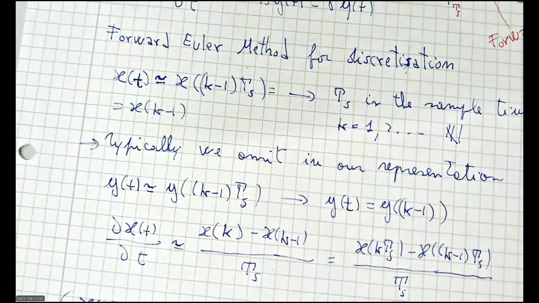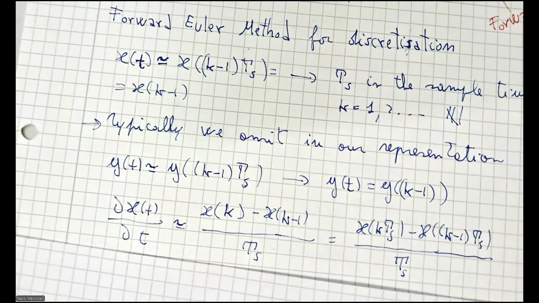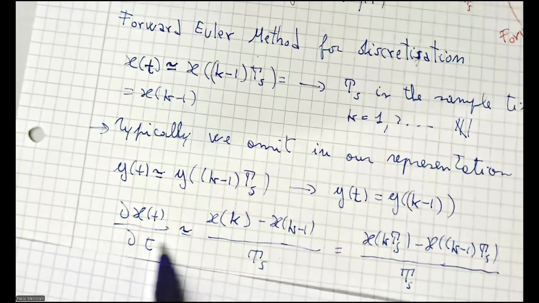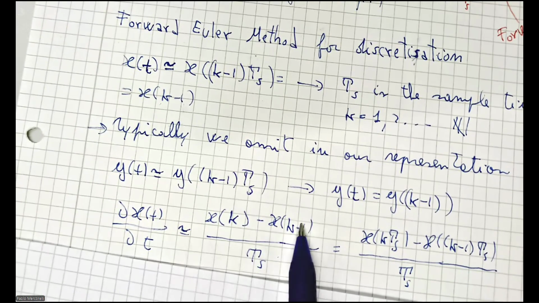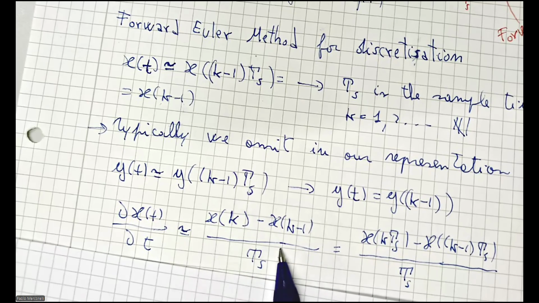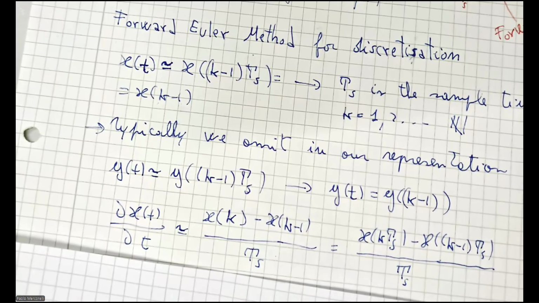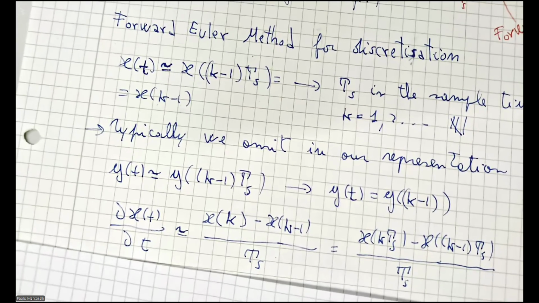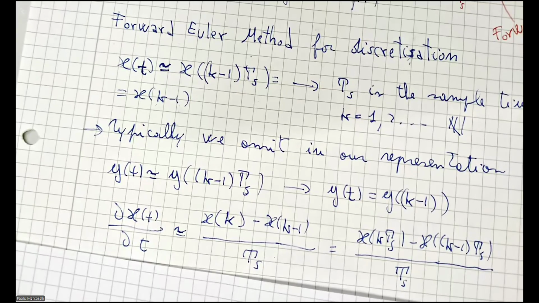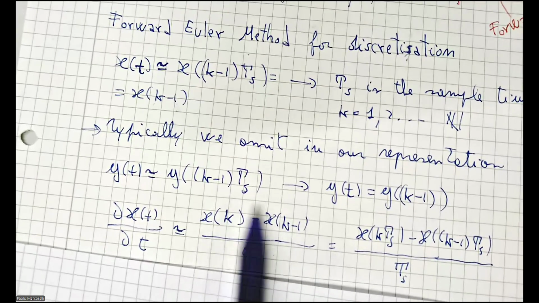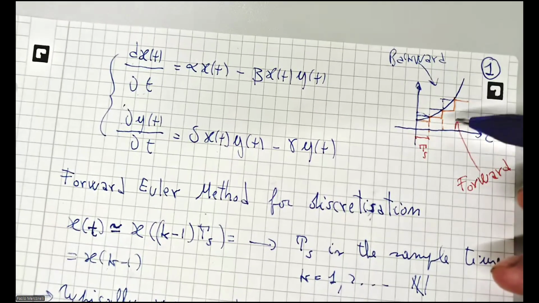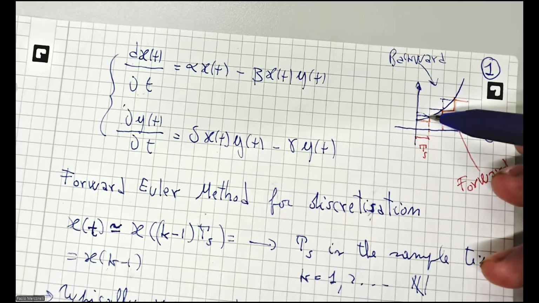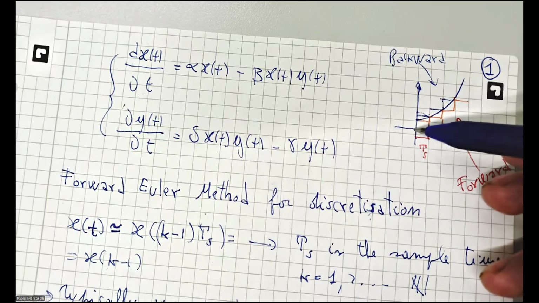Now, very important. What about the derivative? The derivative is approximated in this context as x of k minus x of k minus 1, divided by Ts. I don't think I need to explain the meaning, because we did something like that in high school. The difference between two elements, this here and this here, divided by Ts.